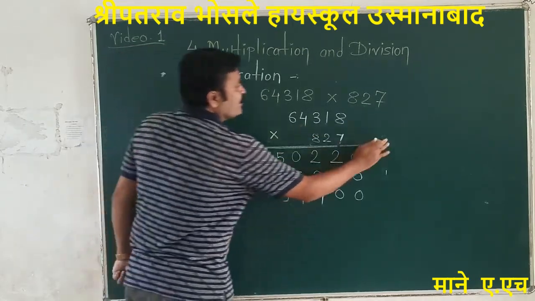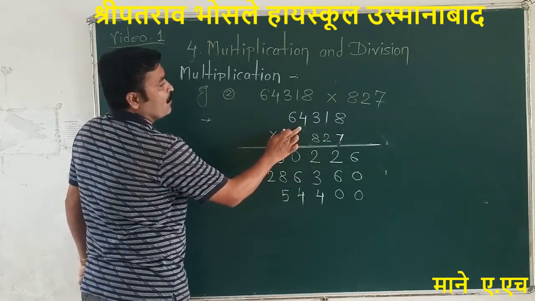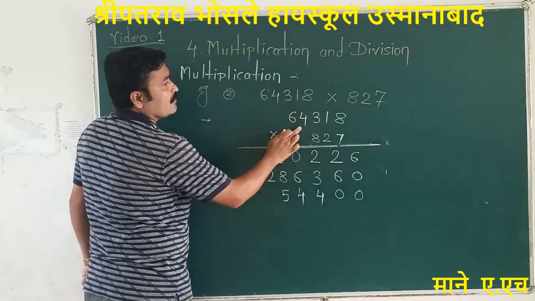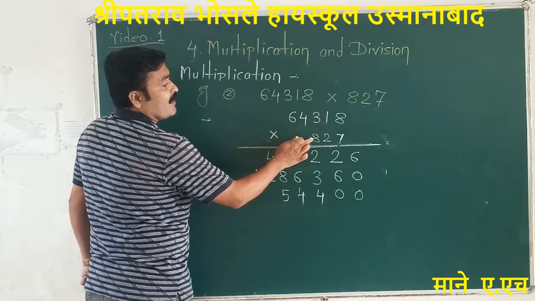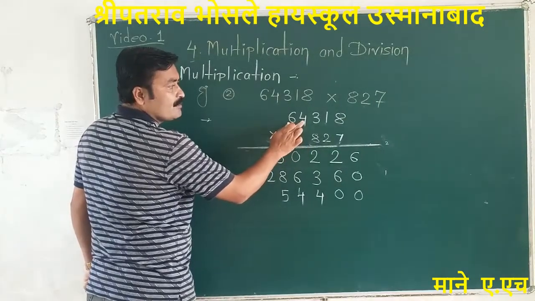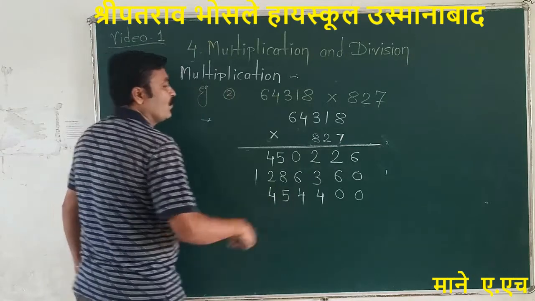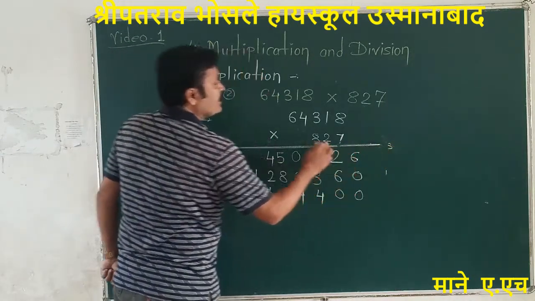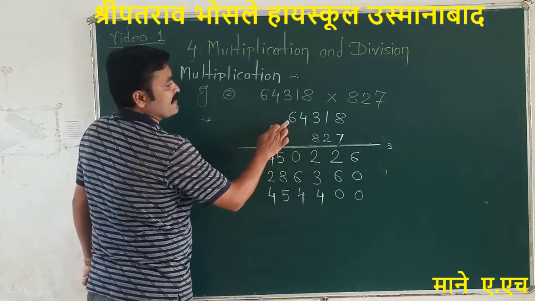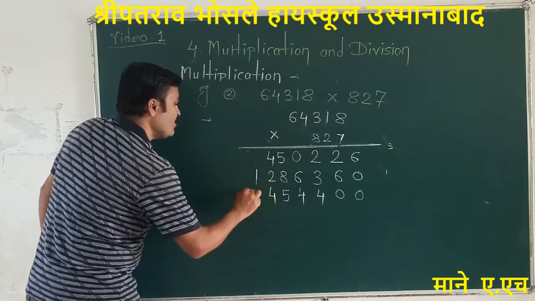Write here 5, 2 taken as carry. I made a mistake. 8 into 4, 8 4s are 32. 32 plus 2, 34 now. So write here 4, 3 taken as carry, and 8 into 6, 8 6s are 48 plus 3, 51.